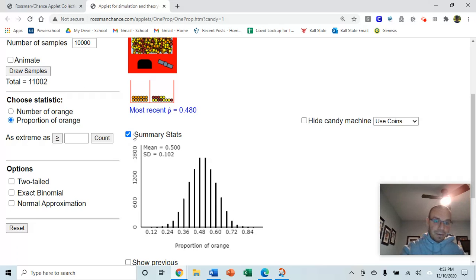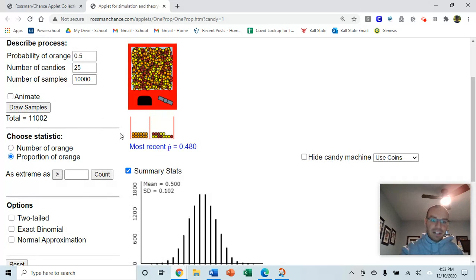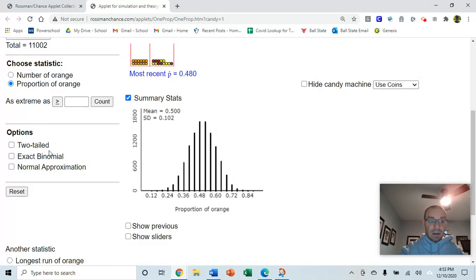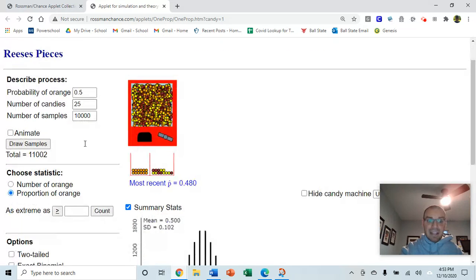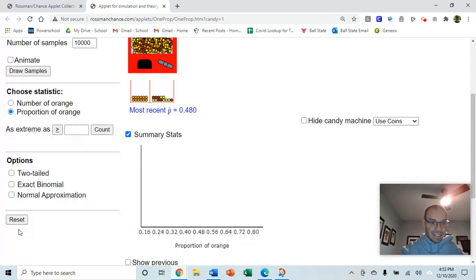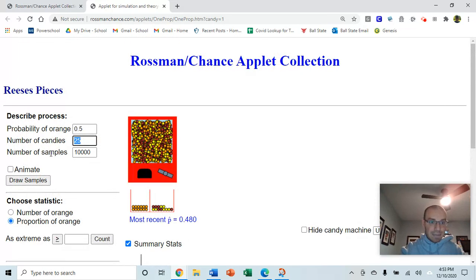One thing I want to note: what if we changed our sample size? I wanted you to look in particular at the standard deviation here. So instead of taking samples of size 25, let's take samples of size 200. I'm going to reset, and instead of a sample of size 25, I'm going to take a sample of size 200.